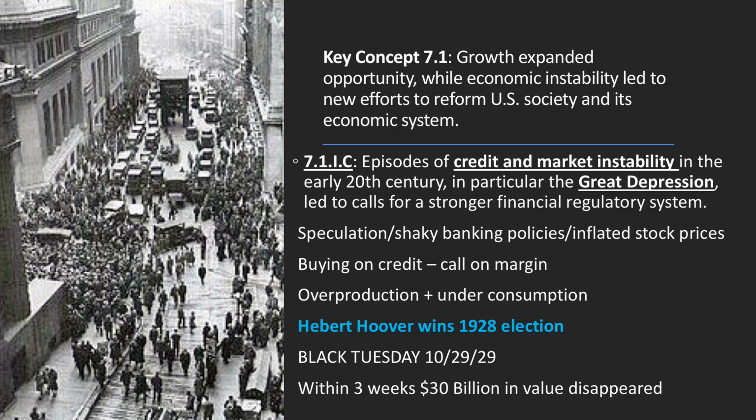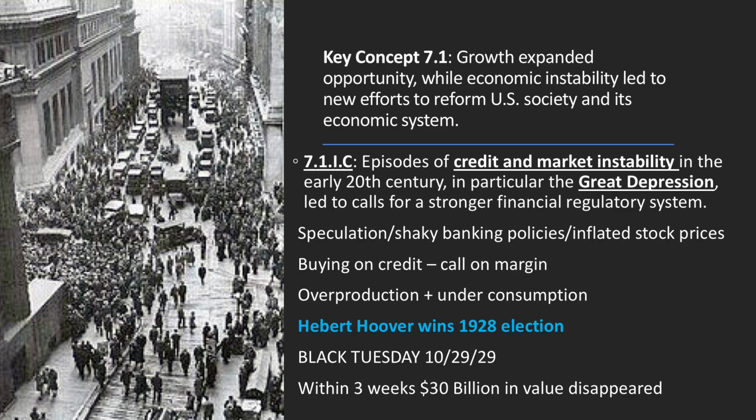Within 3 weeks, $30 billion in value of securities, of stocks, of bonds, of loans, like breath on a mirror, disappear. Just gone. Within a few weeks later, another $30 billion gone.